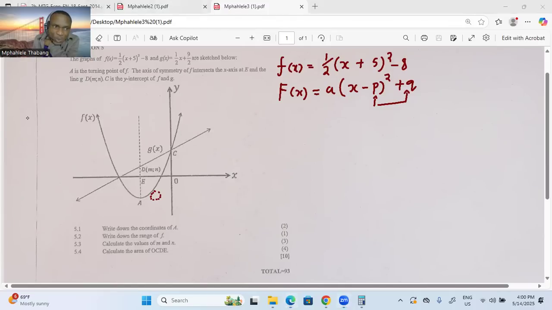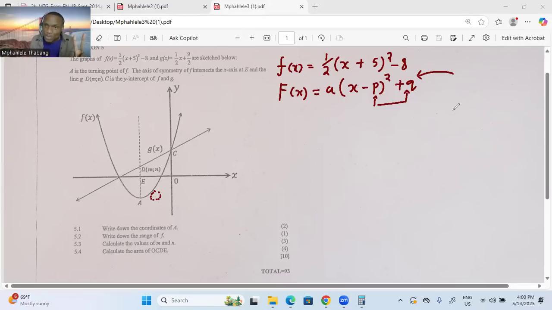It is easy to see the turning point of a graph as long as the function is written in this form: f of x equals a into (x minus p) squared plus q. Actually, there are two ways in which we can give you the quadratic equation.